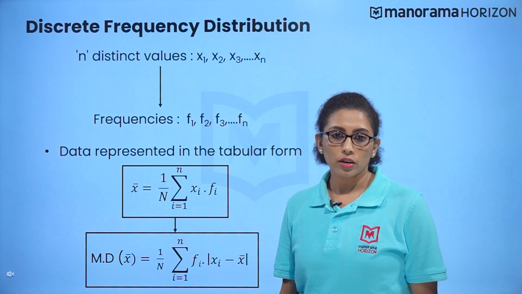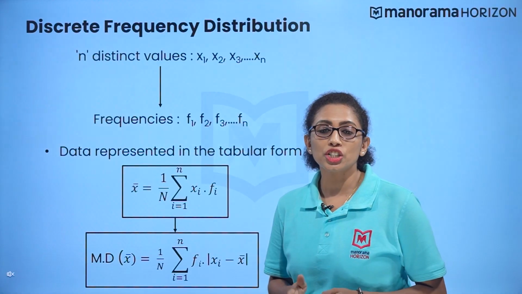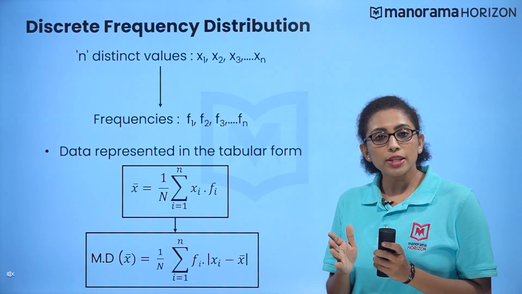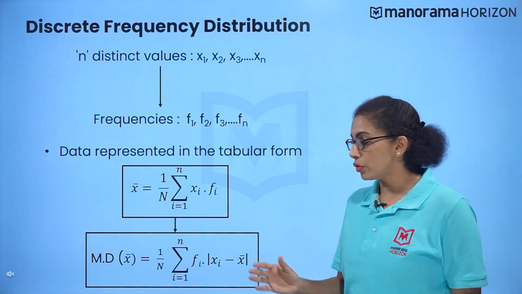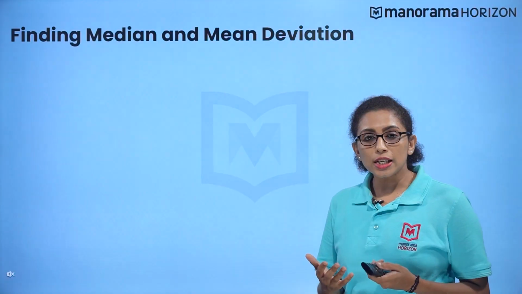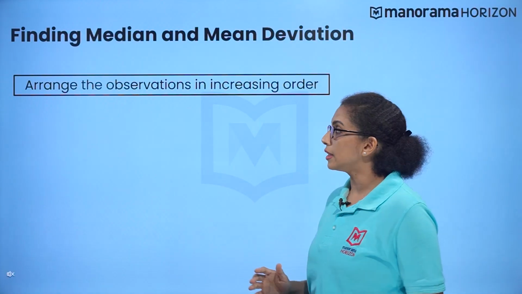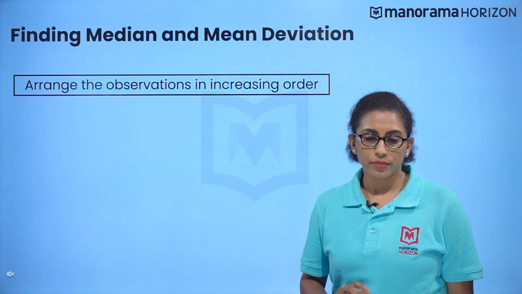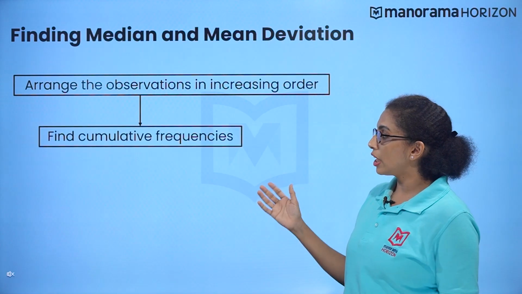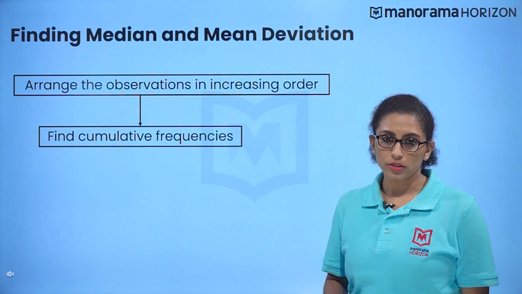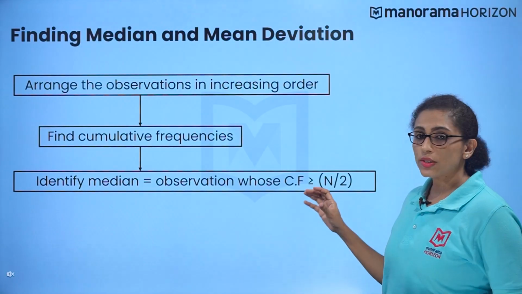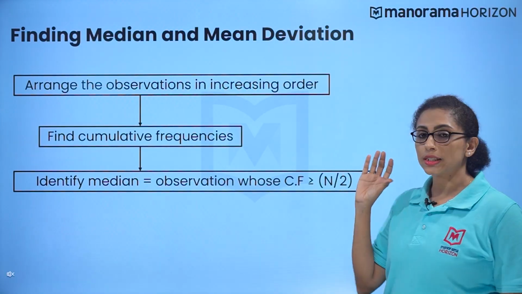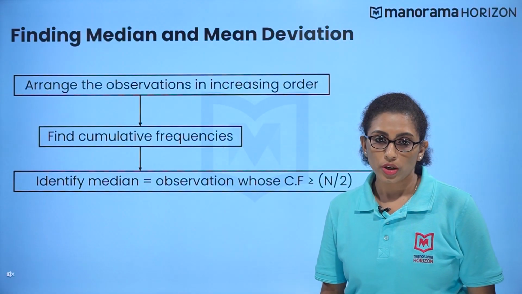Now, what will be the mean deviation about median? The only difference is that instead of the mean, we need to find the mean deviation with respect to the median. For finding the median, we first arrange the observations in increasing order. Then the cumulative frequencies are found. Then we identify the observation whose cumulative frequency is just greater than or equal to n by 2.